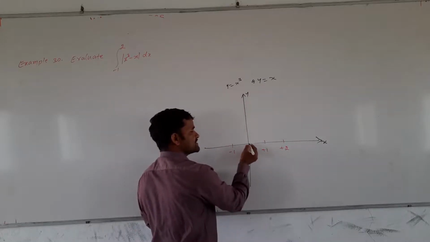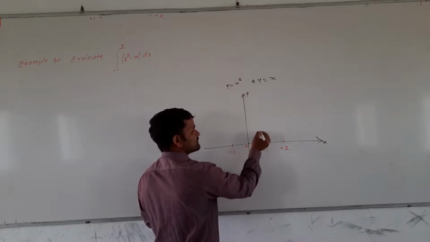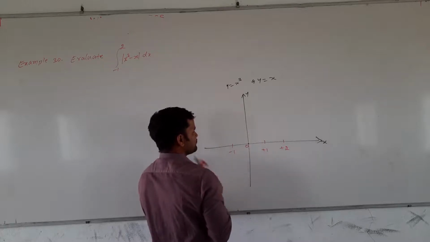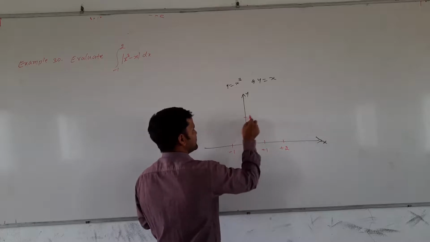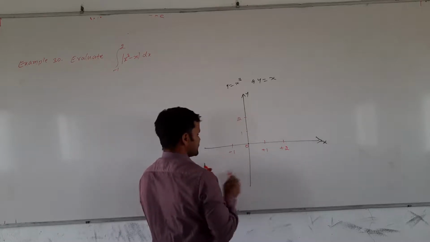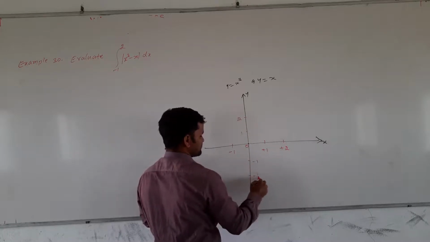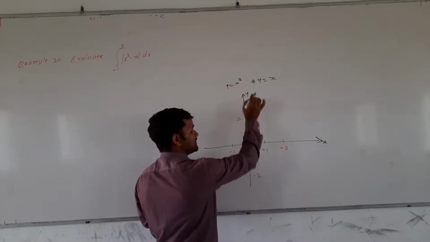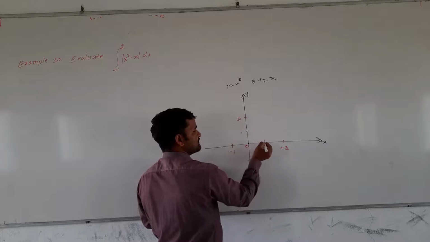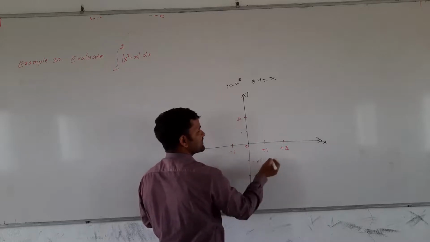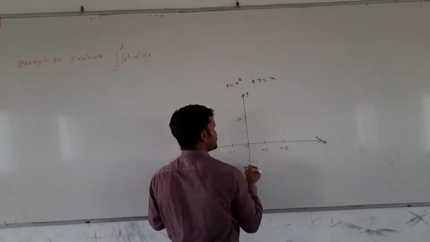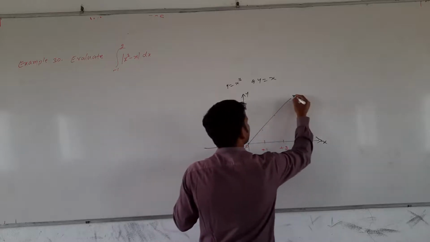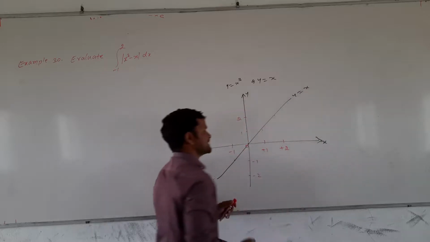When x is equal to 0, y is 0, point (0, 0). When x is equal to 1, y is equal to 1. When x is equal to 2, y is equal to 2. When x is equal to -1, y is equal to -1. So y is equal to x is a single straight line.